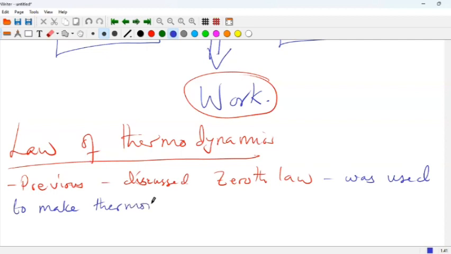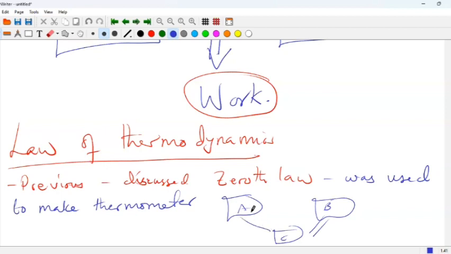We said when a system is in thermal equilibrium with two systems separately, then the two systems are also in thermal equilibrium. That was the zeroth law of thermodynamics. We looked at system A, system B, and system C. And we talked about the thermal contact, the thermal equilibrium. Then we saw that when this is in thermal equilibrium and it's also in thermal equilibrium, then these two are also in thermal equilibrium. And we call that the zeroth law of thermodynamics. And we then used this as our thermometer.